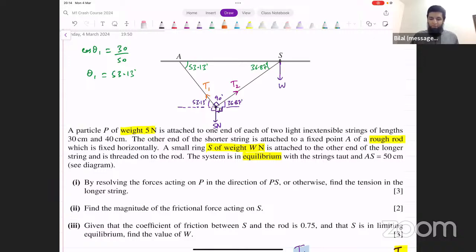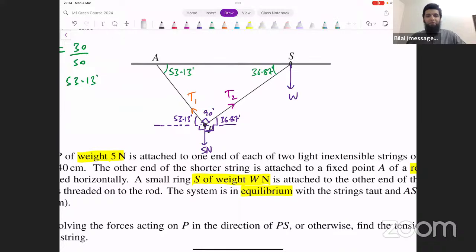What we want to do is represent all the forces acting at the point S first of all. Remember all the forces that you have to think about: weight, normal reaction, tension, friction. Make sure that you're representing all the forces that are applicable from those four forces. Weight, we have already represented, that's W. Tension, if you think from the perspective of the ring S, tension acts away from S and towards the string.